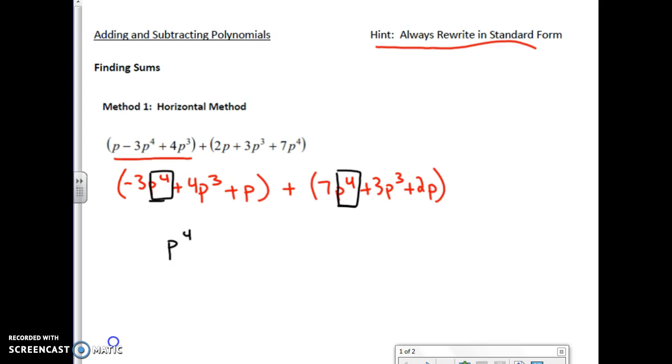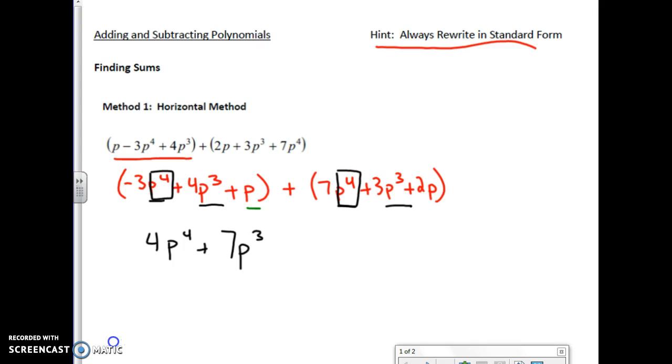So all I'm going to do is just take negative 3 and add 7 to it, and I get 4p to the fourth. So p to the third, p to the third are like each other. So I'm going to write down p to the third. Then I'm going to take the coefficients and add them together. 4 plus 3 gets me 7p to the third. Now I'm just going to worry about the p's.